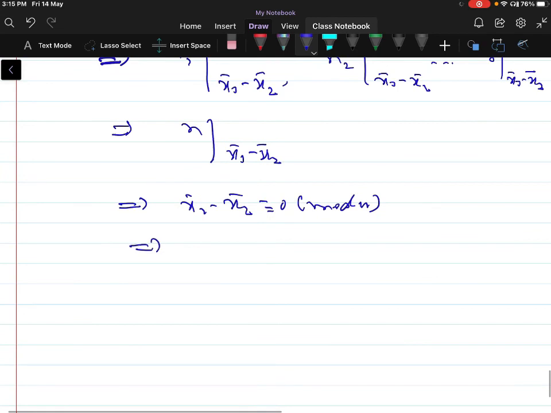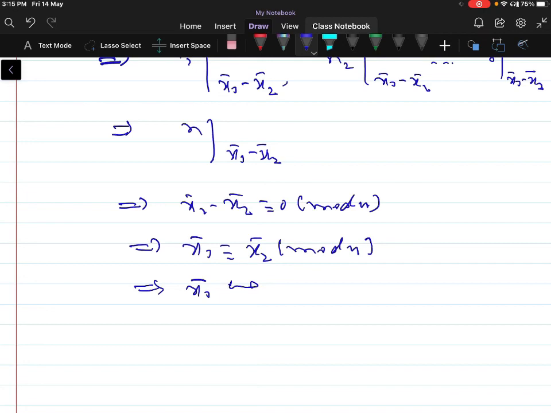So this implies x1 bar is congruent to x2 bar modulo n. So x1 bar and x2 bar are congruent solutions of the simultaneous equations.